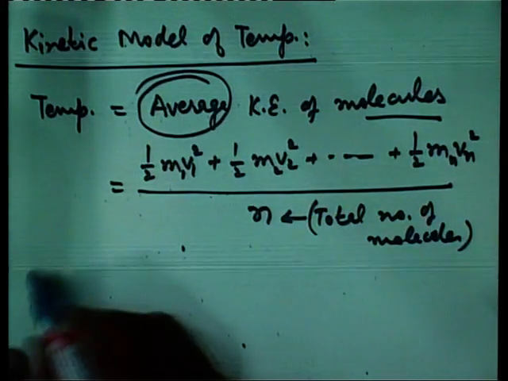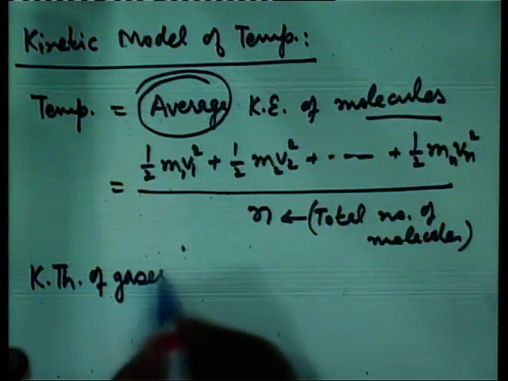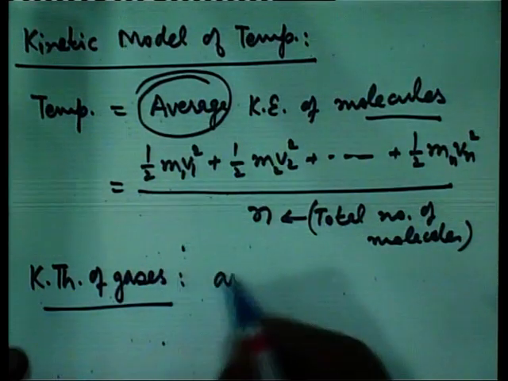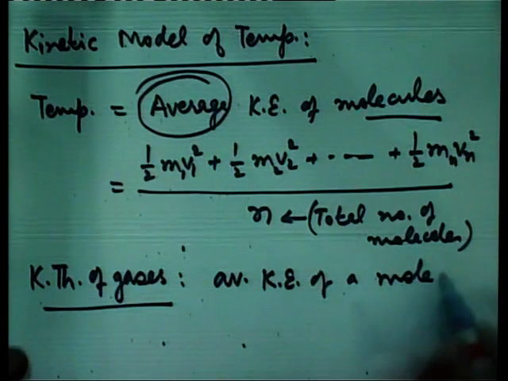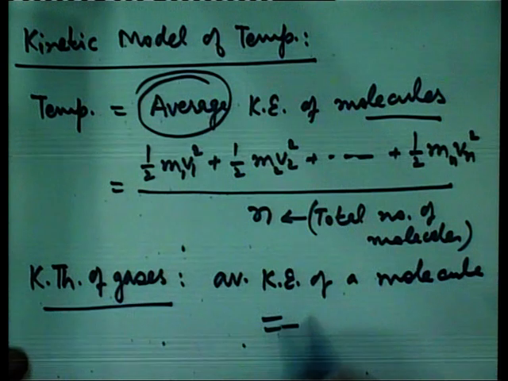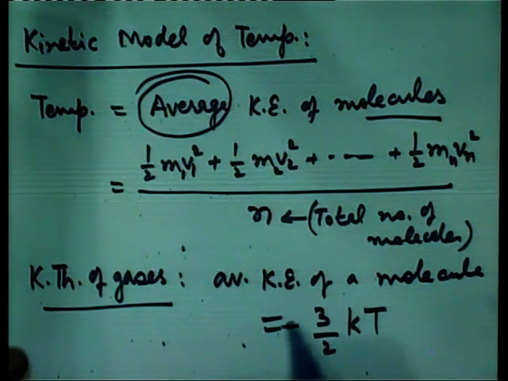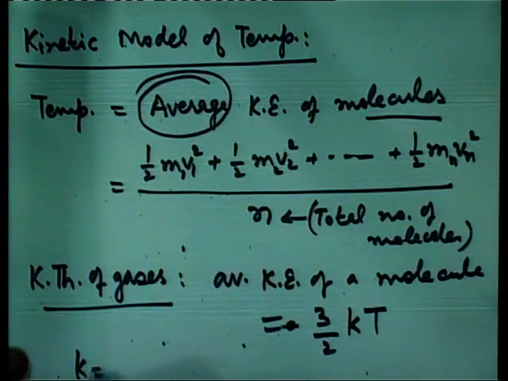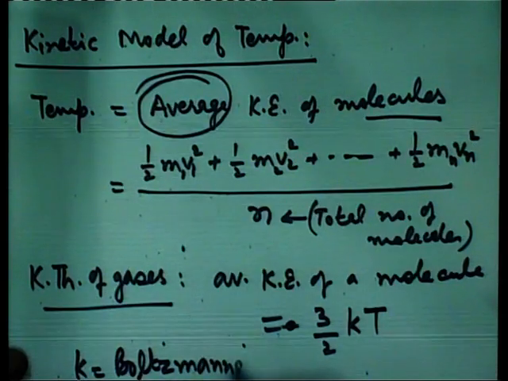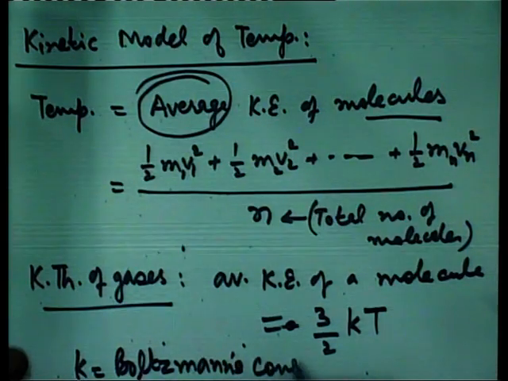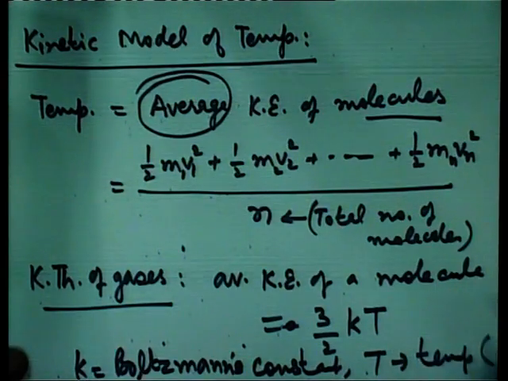And kinetic theory of gases gives that the average kinetic energy of a molecule is equal to 3 by 2 kT, where k is called the Boltzmann constant and T is the temperature in Kelvin.